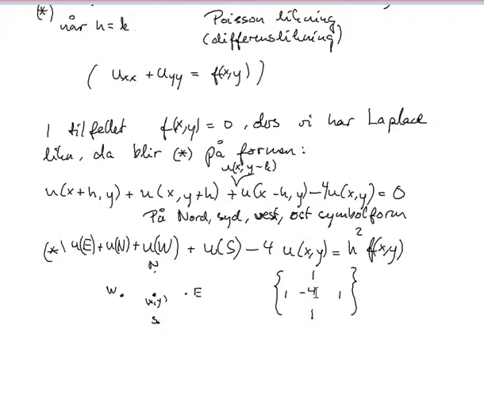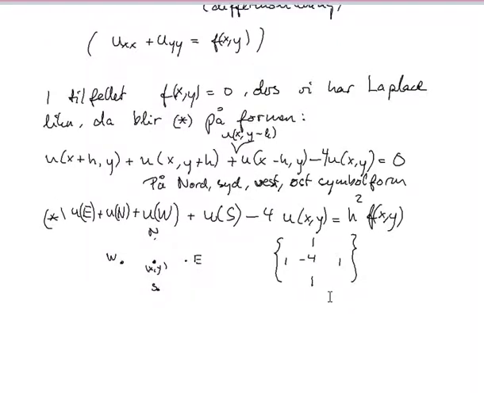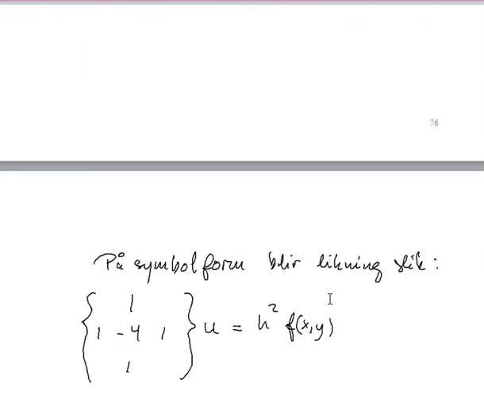This is visually easy to remember. If we are standing in the middle point, we should multiply with -4, and standing in the north, we should multiply with 1, in the east with 1, south with 1, and west with 1. So maybe this way of writing the equation could be easier for us.